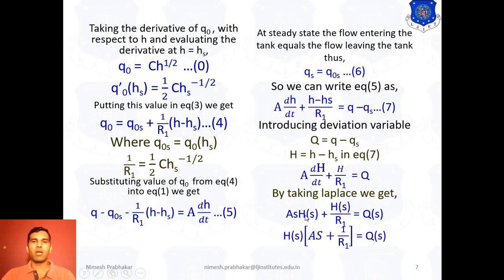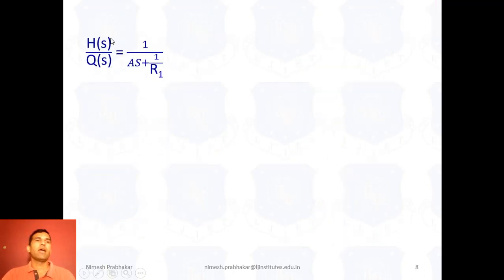Now H of S is common, so we can write H of S in bracket (A S plus 1 upon R1) is equal to Q of S. Rearranging, H of S upon Q of S is equal to 1 upon (A S plus 1 upon R1).